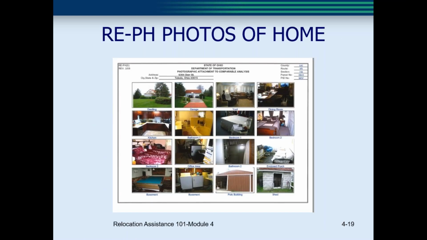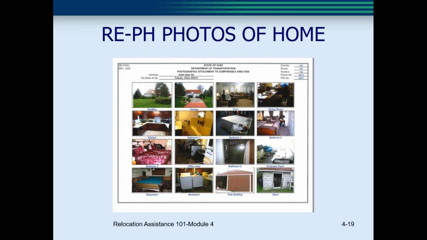Now, along with the previously viewed form, the RE 611, there's also an REPH. This will accompany the RE 611 when you submit it for approval of a replacement housing payment. It will provide photos of both the exterior and the interior rooms.